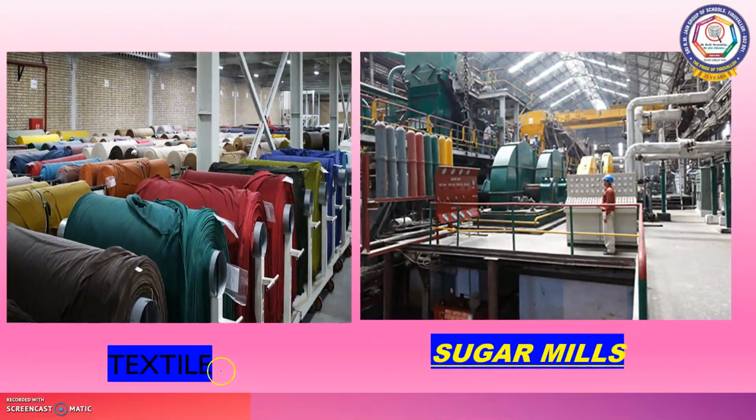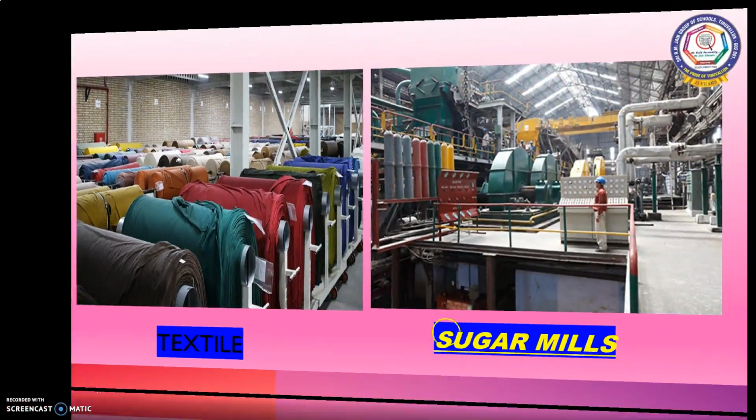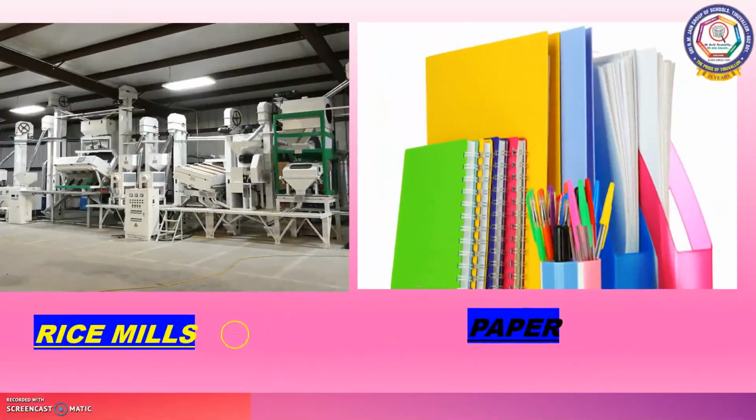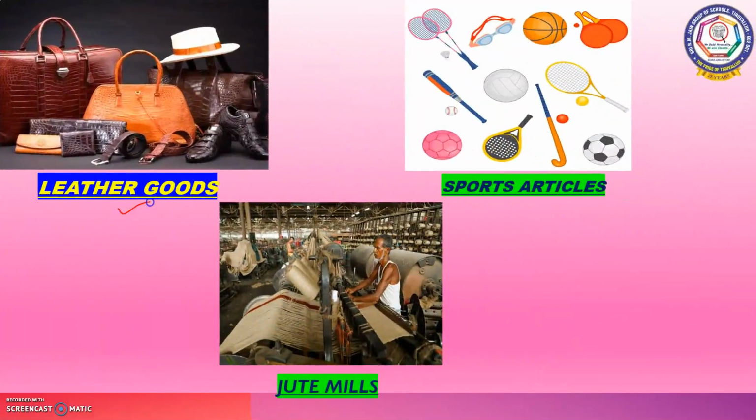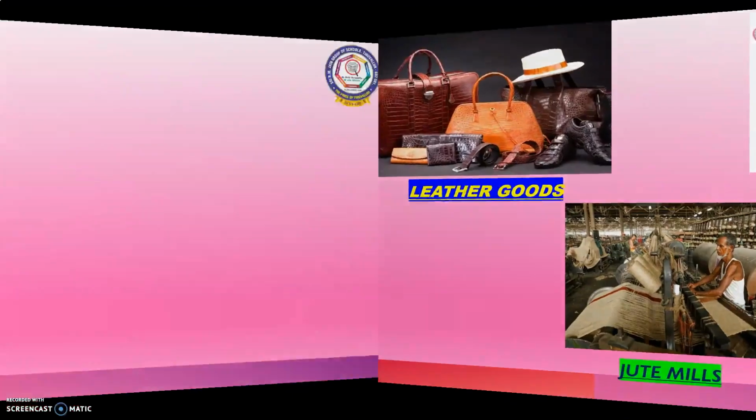Many industries like textile, sugar mills, rice mills, paper, leather goods, sports articles and jute mills are developed in this region.